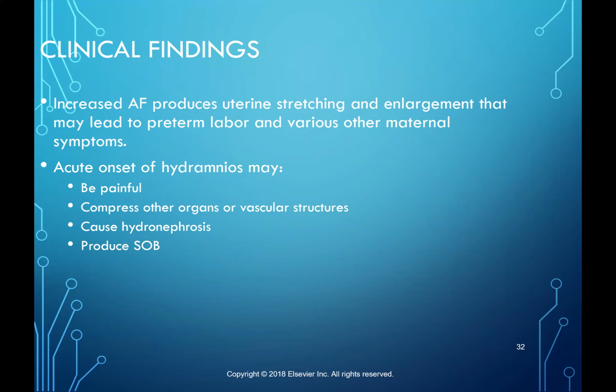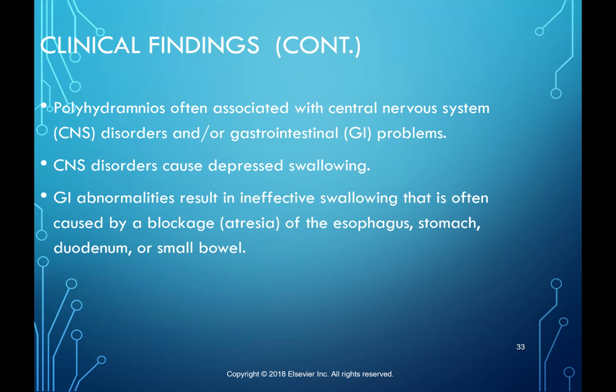Increased amniotic fluid produces uterine stretching and enlargement that may lead to preterm labor and various other maternal symptoms. Acute onset of hydramnios may be painful because the tummy is so tight, compress other organs or vascular structures, cause hydronephrosis, or make the mom-to-be short of breath because of the increased fluid.